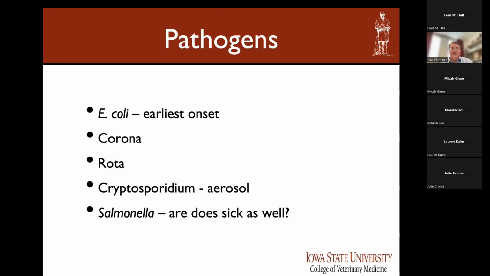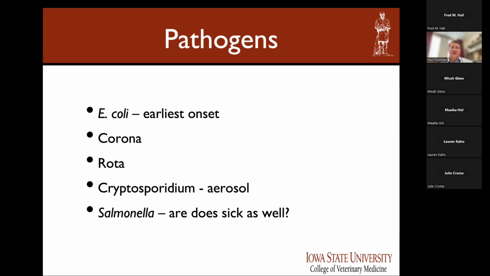So we quite frequently will see an E. coli and a corona, or E. coli and a rota. And so once those E. coli set in early and start knocking down immunity, utilizing those antibodies, then that balance of pathogen to immunity starts getting thrown out of whack, and you can have some secondary pathogens coming in and causing problems.